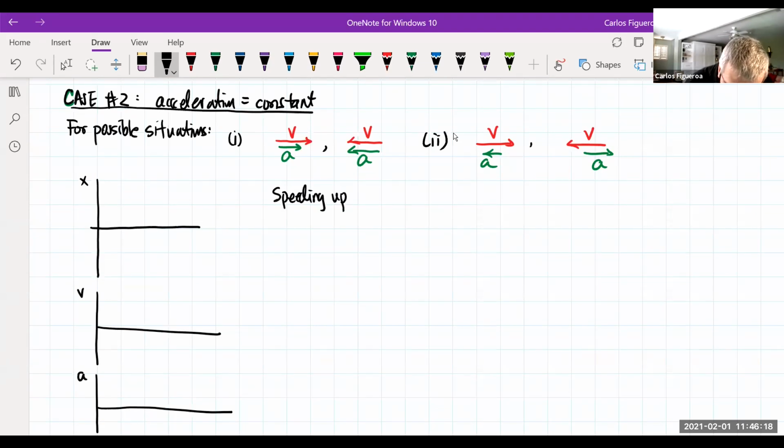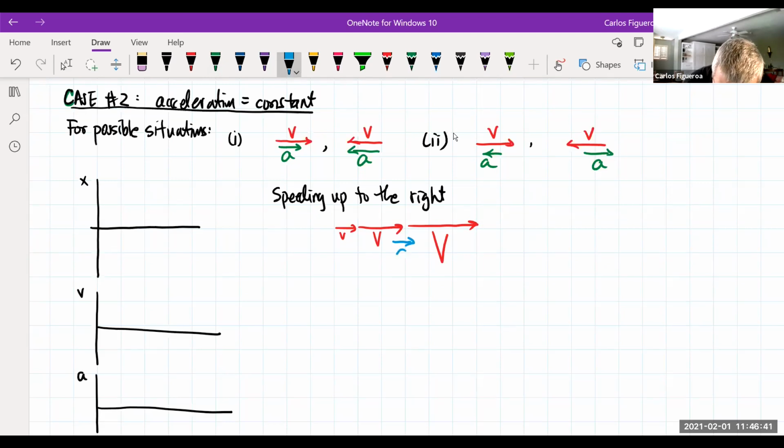Speeding up to the right. Well, if I'm speeding up to the right, what do I know? For starters, we know that our arrows must be getting longer, right? And the only way this could be possible is if I have an acceleration in this direction.